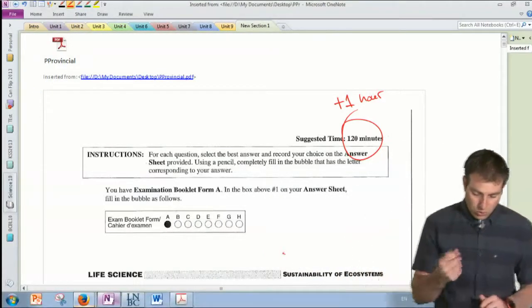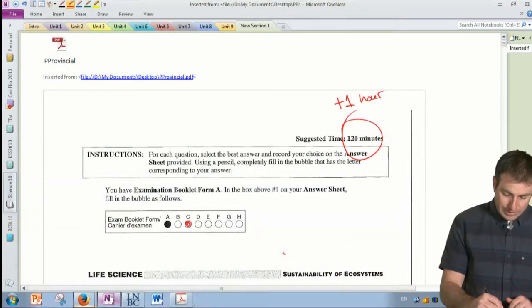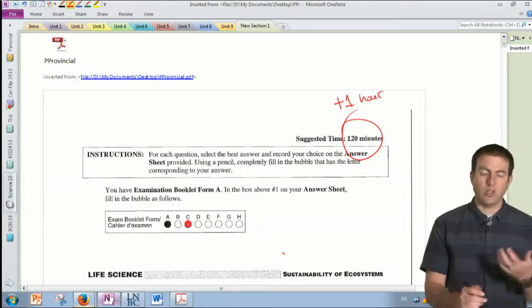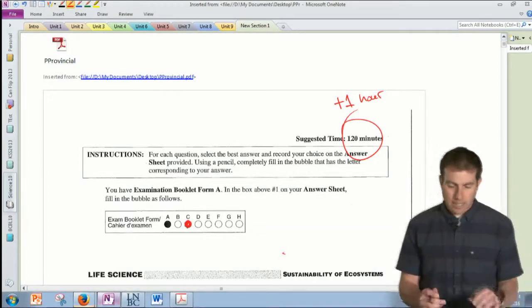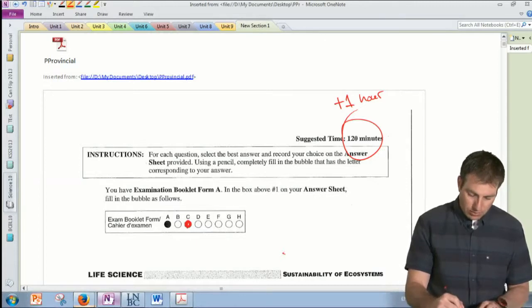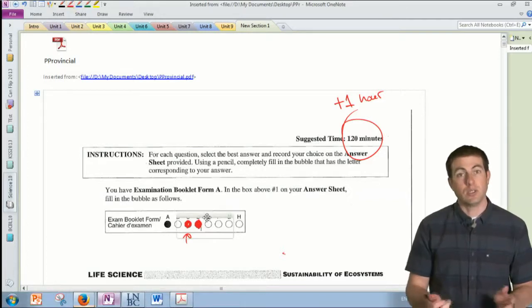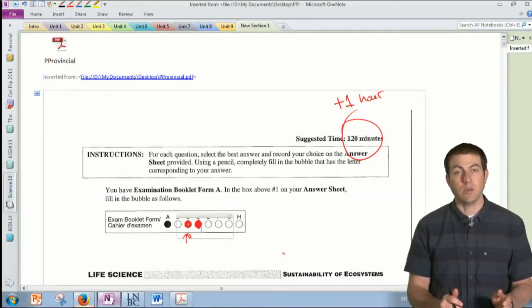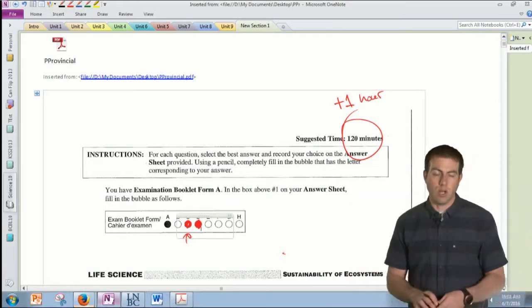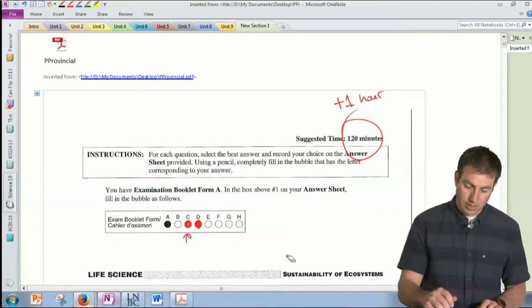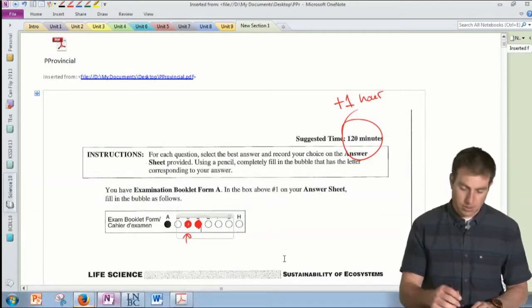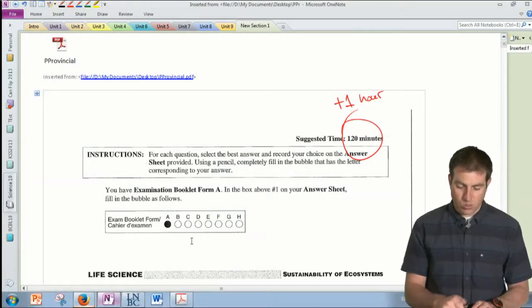Same thing goes if you pick C, and then you go back and you're like, oh no, I'm pretty sure it's D. And then you try to erase it, and then you fill in D, and it looks like this one's smudged and this one's filled in, and the computer sees two answers. As soon as it sees two answers, it just automatically marks the question wrong. There will be no questions on this test that have more than one right answer. So just be careful with that as well.